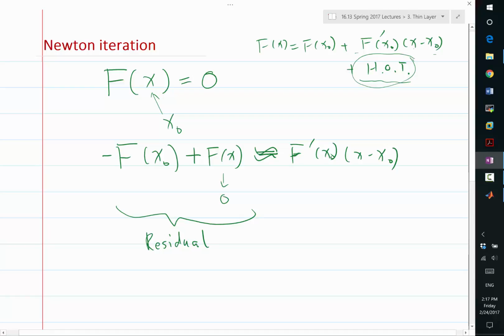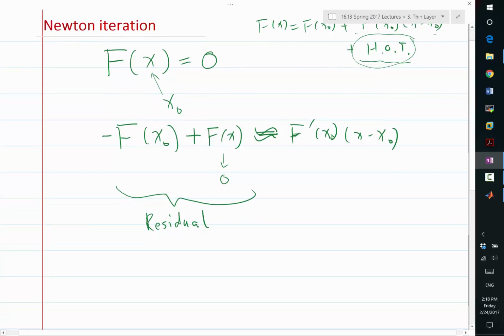Now, from this approximately equal equation, how can I find a method to get a better approximation to x? Just rearrange the equation by dividing out the f prime on the other side. That's right. So the Newton method is saying that this is an approximate equality, which means x minus x0 can be approximately written as f prime inverse times minus f of x0.